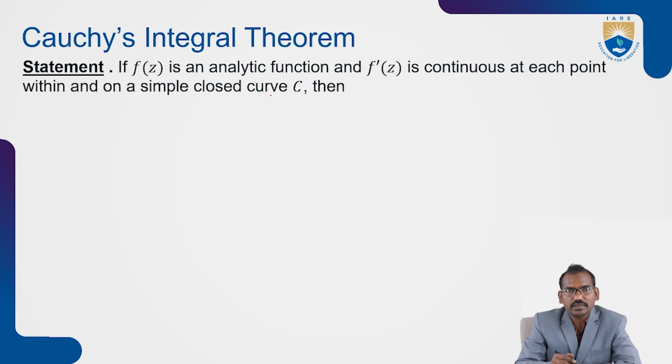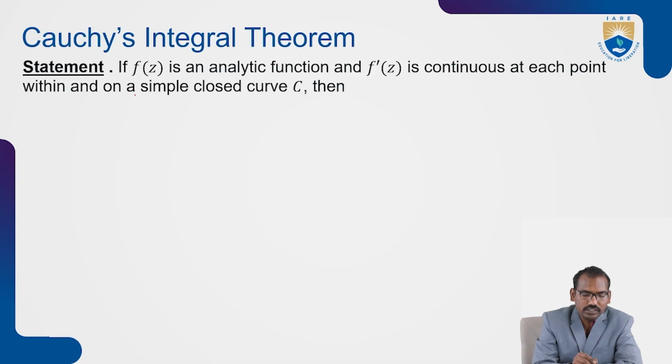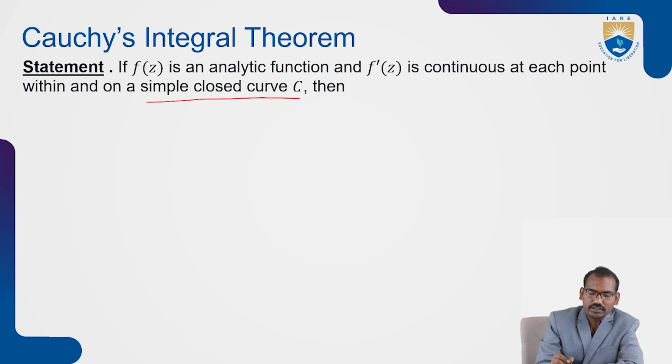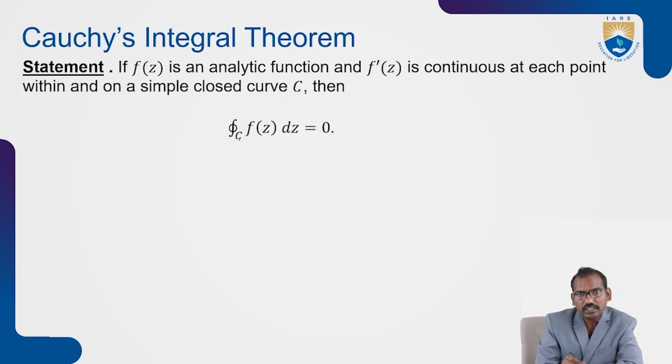For this theorem, we need a function f(z) which is analytic, and the derivative of f, that is f prime of z, should be continuous at each point within and on a simple closed curve C. Then the integration along C of f(z) dz becomes 0.